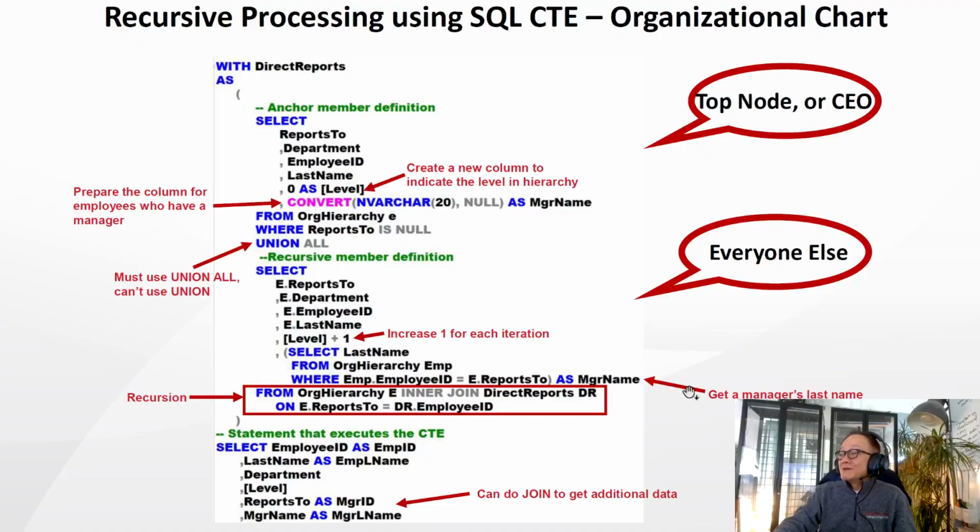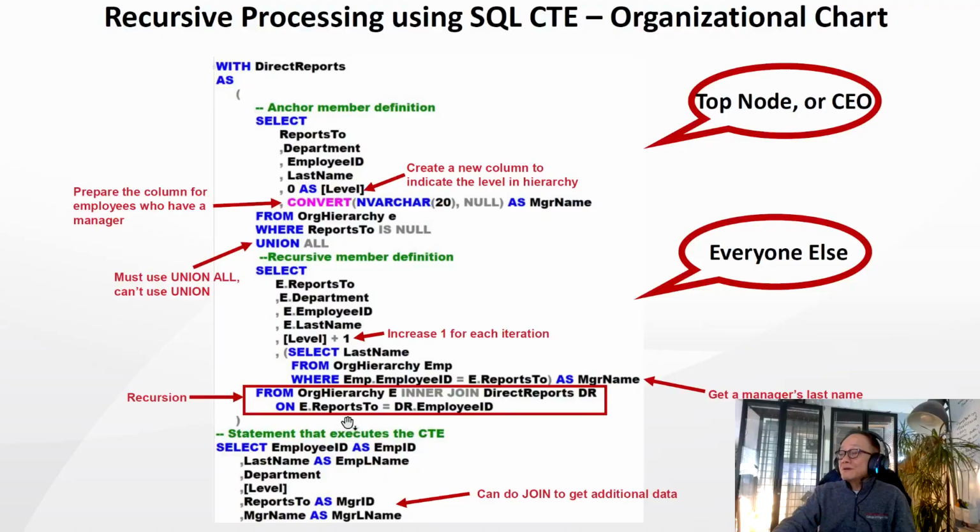Therefore, we do a self-join here. The recursion takes place here when we repeatedly join the common table expression to itself when we define the common table expression.